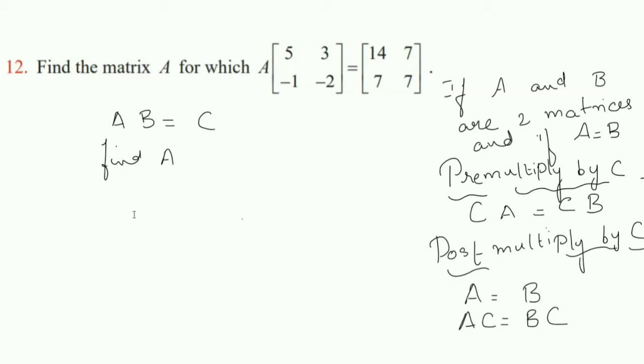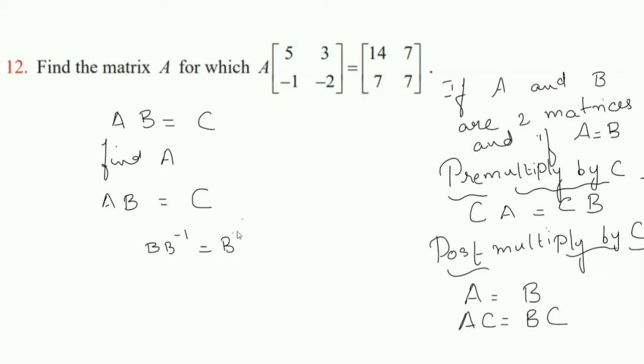So now here AB is equal to C. I am going to post-multiply by the matrix B inverse. So AB into B inverse, since AB is equal to C is given. You know the post-multiplication now.